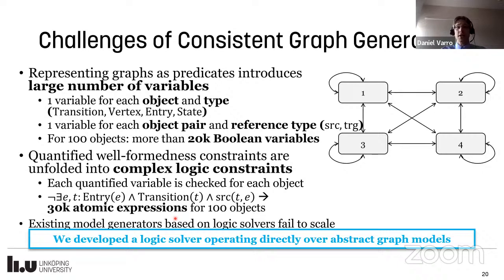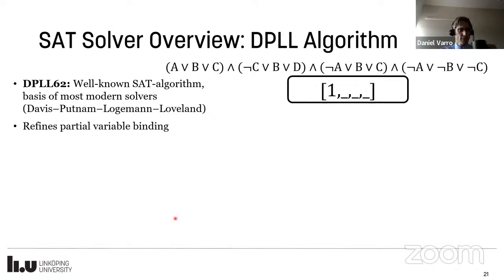That was a starting point when we decided that, okay, instead of mapping the graph generation problem to logic, let's try to lift the concepts of SAT solving directly over abstract graph models. So what are those techniques?